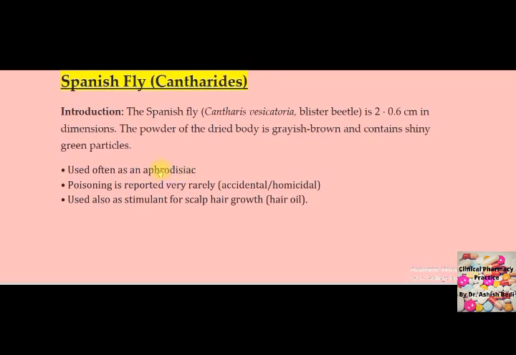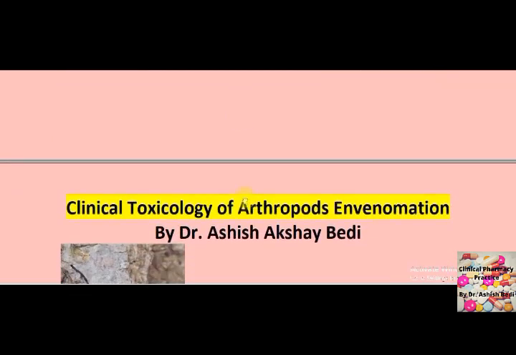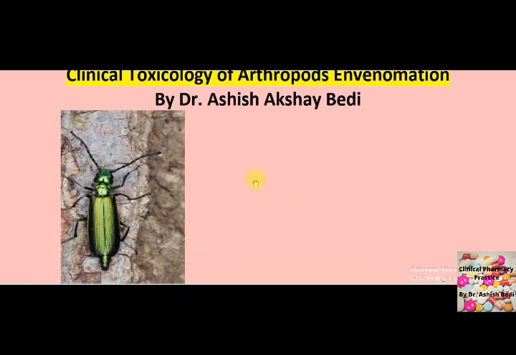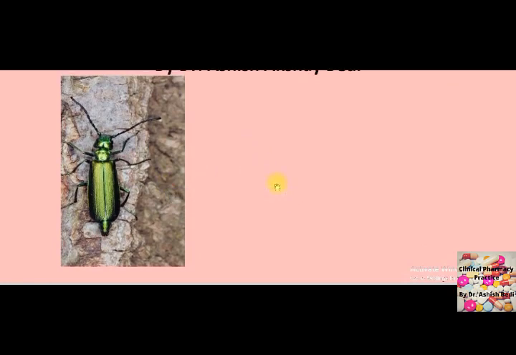Okay, what is an aphrodisiac? An aphrodisiac is a powder which helps to stimulate our sexual desires. In Chinese therapy, it enhances the sexual desires of males and females. So this is a Spanish fly, you can see a Spanish fly.